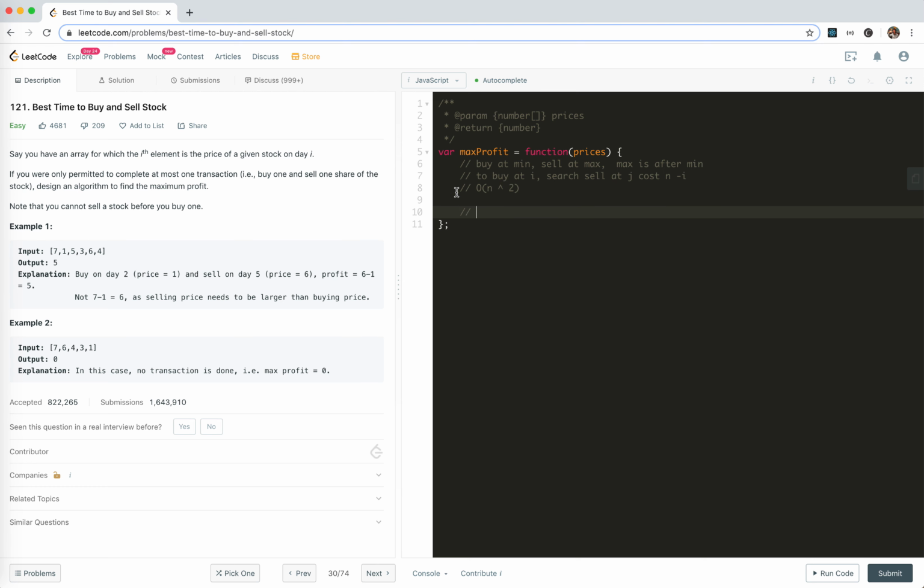Could we improve that? We already noticed that if we start at 7, we sell at 6, and if we start at 1, it's still 6. We don't need to search again, because the largest number in this range would actually be the largest number in this one, right?